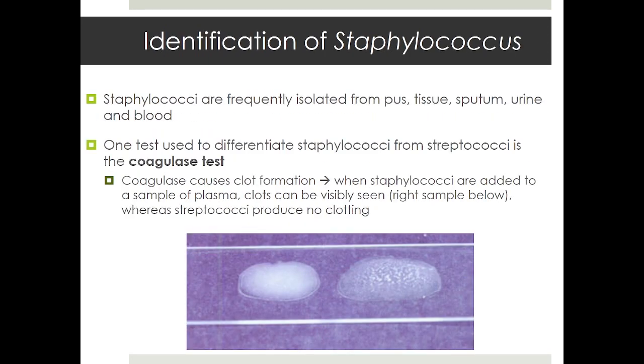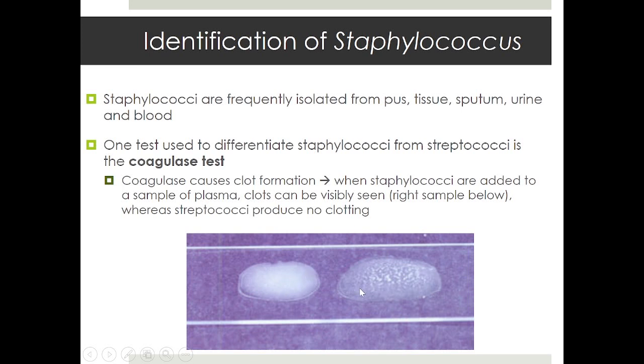A really easy test to identify whether or not a specimen does contain staphylococci is by using the coagulase test. Because they produce coagulase, if you add staphylococci to a sample of blood plasma, you do see the formation of tiny clots in that specimen. You can see in this example here, we've got a species on the left that's been added to plasma, but the solution is quite uniform, so you're not seeing any clotting or clumping.